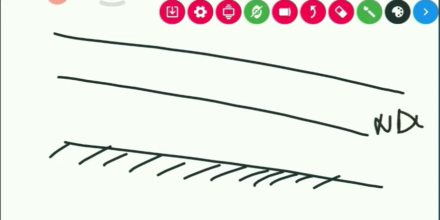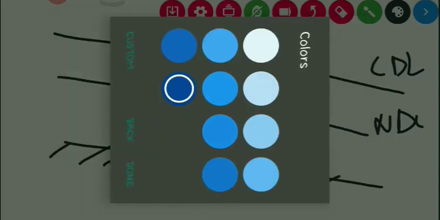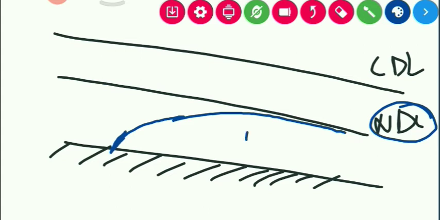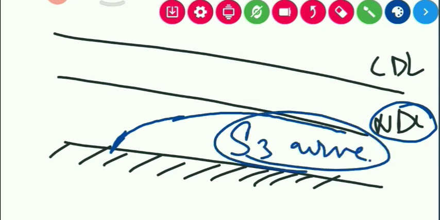Okay, so this is the normal depth line, this is the critical depth line. So the water surface here, from the bottom slope, will originate perpendicularly, and when it travels to the normal depth line, it will be tangential. Okay, so this is the S3 curve. So what are the three different types of curves? What was the S1 curve? S1 curve was looking like this.